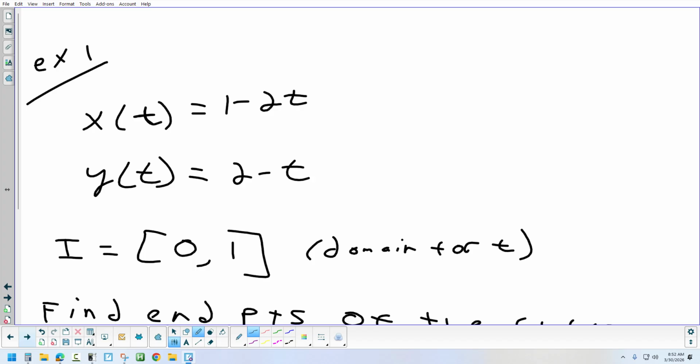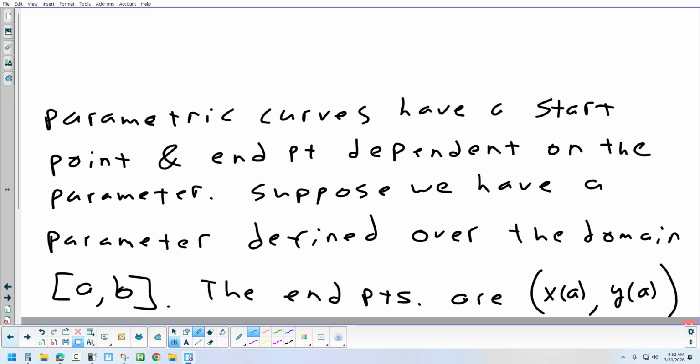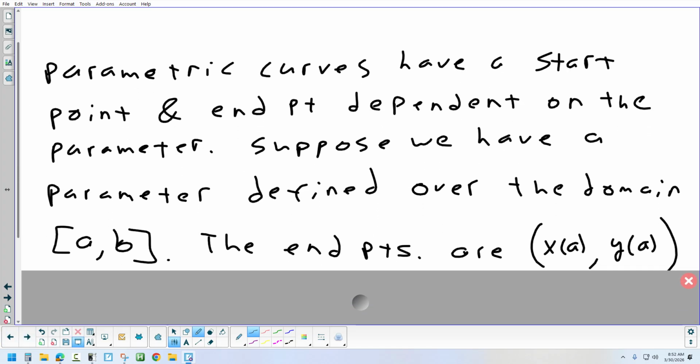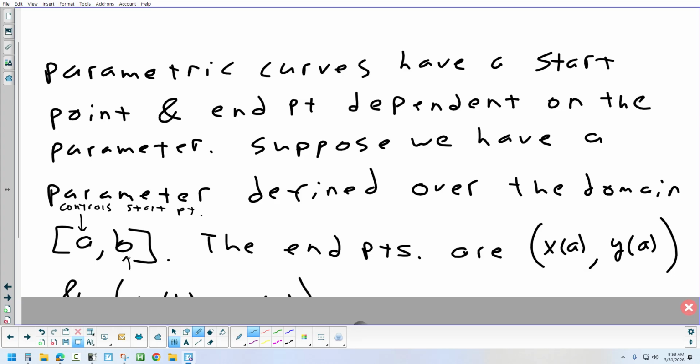In the example we're going to do, it's going to be every number from 0 to 1. But in this example, it's every number from A to B. This value, the lower value in your interval, controls the start point. I'm not saying it is the start point. I'm saying it controls where the start point will be. And B is going to control the stop point or the end point.